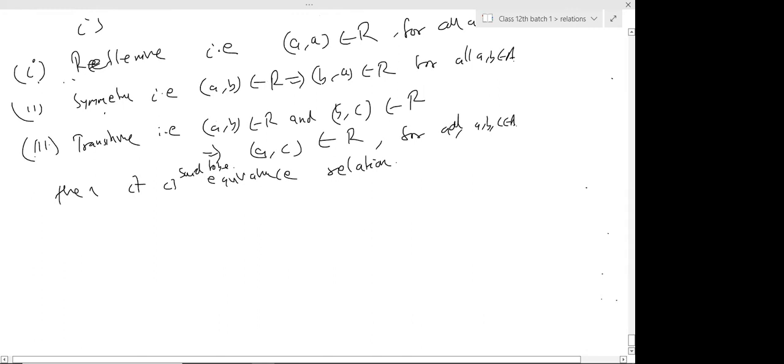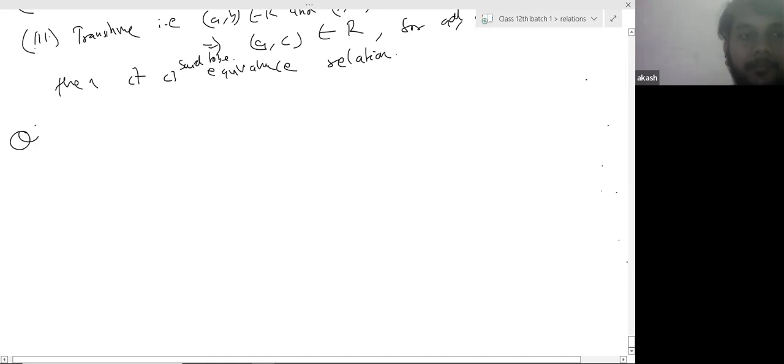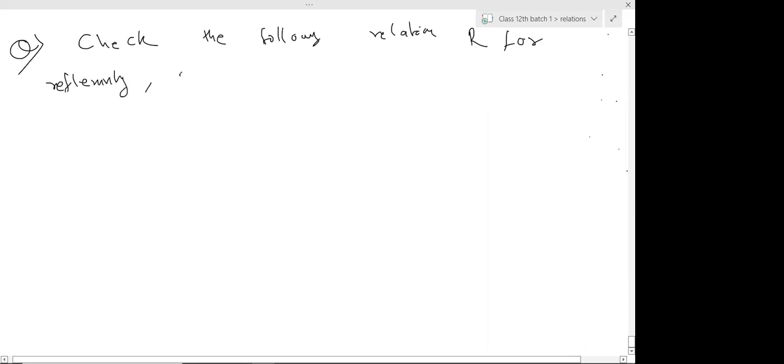All right, let's start with the question now. Check the following relation R for reflexivity, symmetricity, and transitivity.